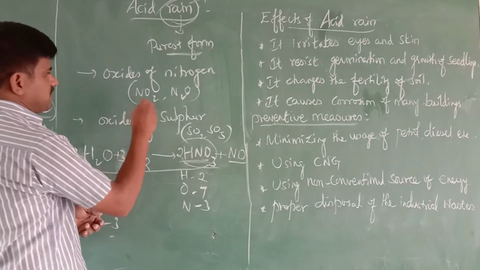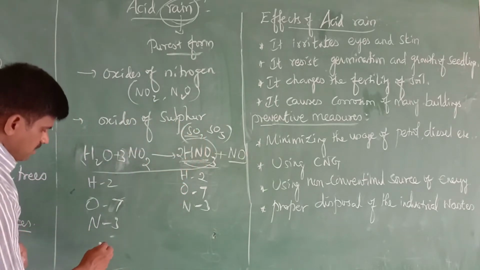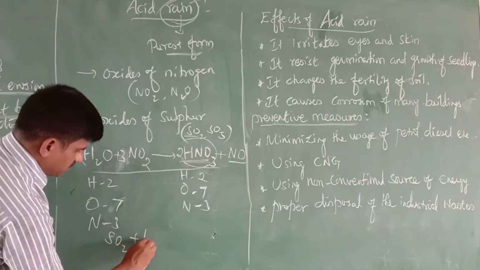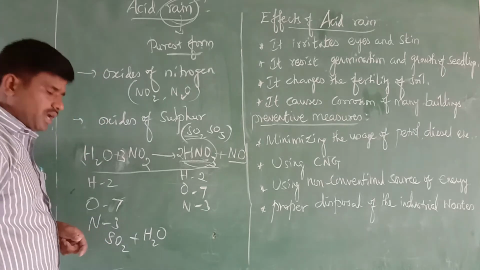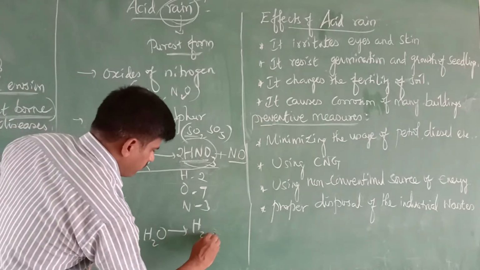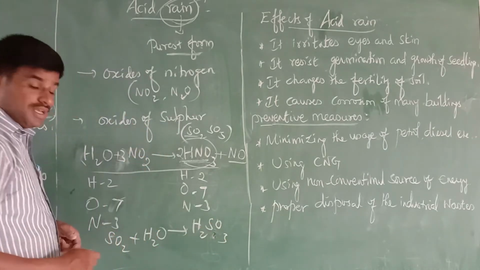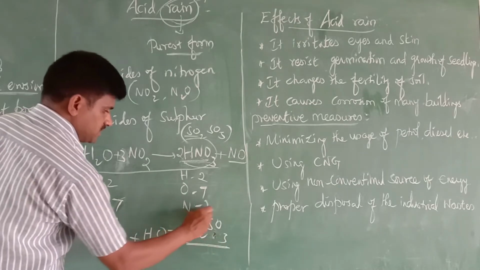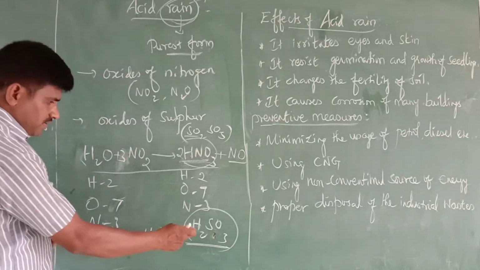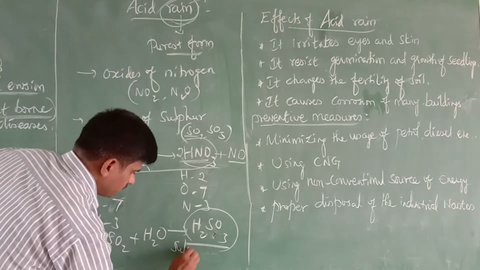In the same way, when sulfur dioxide mixes into water, it forms sulfurous acid. What is the name of the acid? It is sulfurous acid.